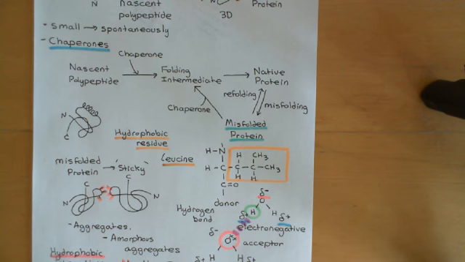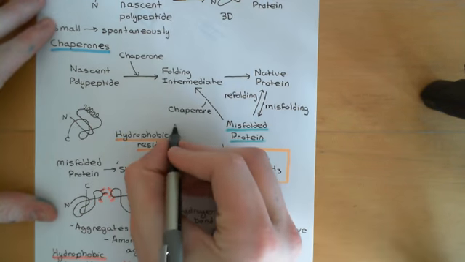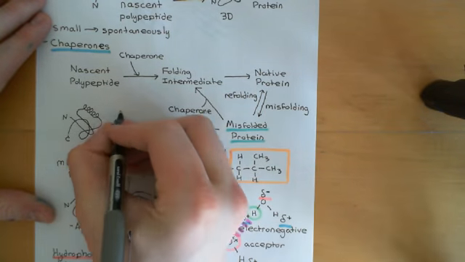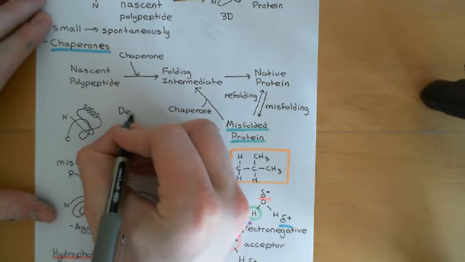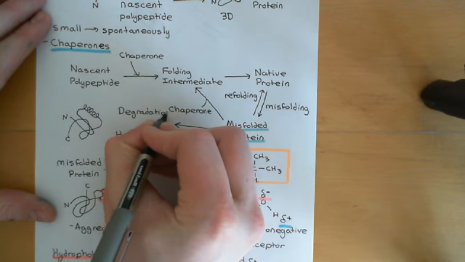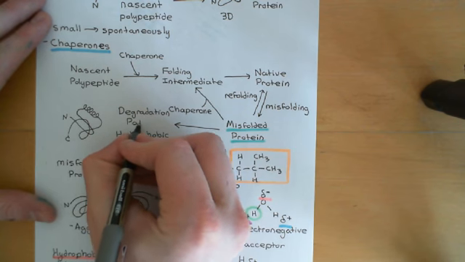What we now want to see is how the cell deals with misfolded proteins that can't be refolded. The way the cell stops them aggregating is that it has degradation pathways to destroy them. So misfolded proteins, if they can't be refolded by chaperones, will go down degradation pathways.